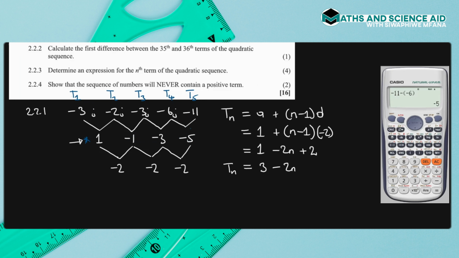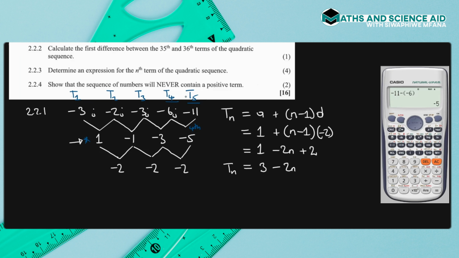And also note that this fourth term is between T4 and T5 of the quadratic sequence. And this is important because in order for you to be able to answer this question, you need to know which nth term in the first differences is going to be between the 35th and 36th terms of the quadratic sequence.